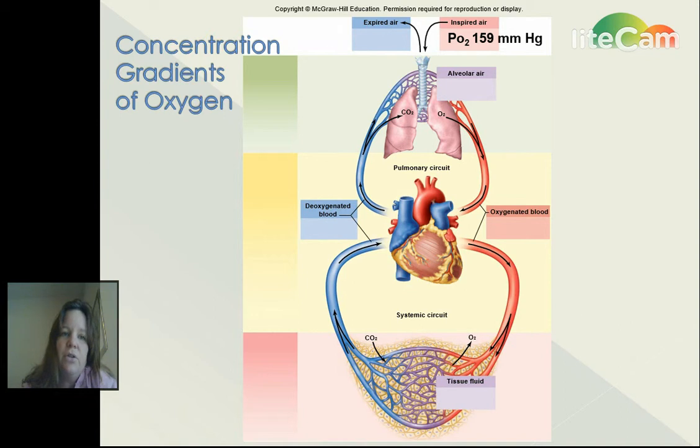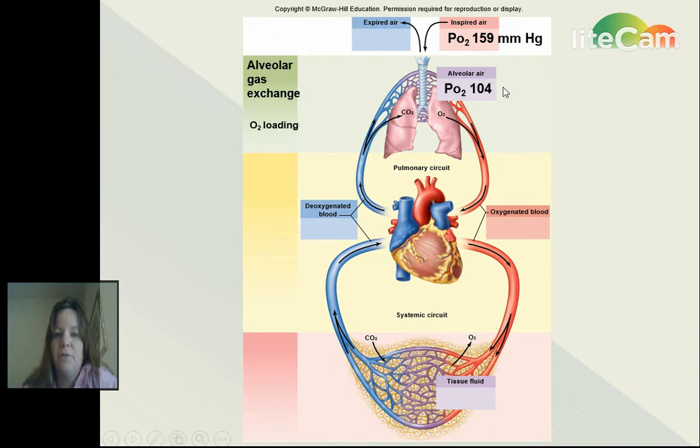All right, so let's take a closer look at oxygen. So here you can see that when you breathe in, the air you breathe in has a partial pressure of oxygen that's 159 millimeters of mercury. And we just discussed how it's a little different in the lungs because there's residual air left in there.